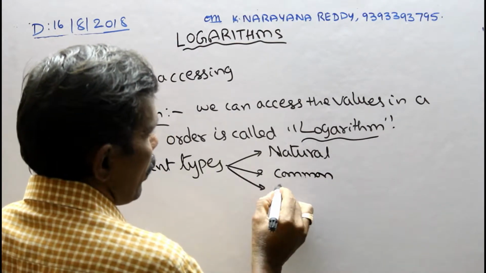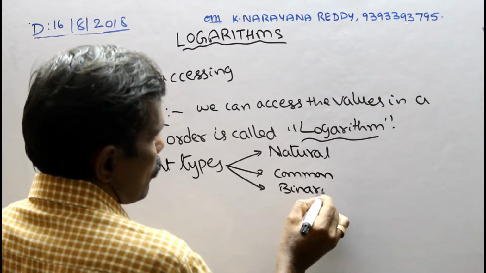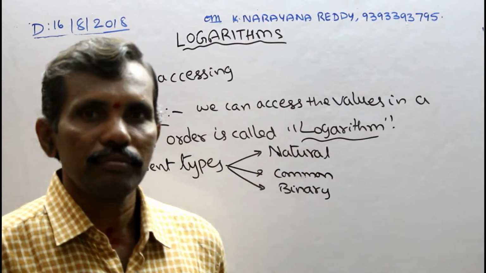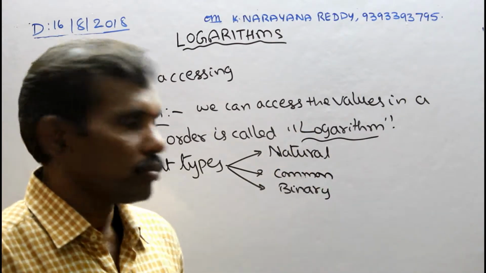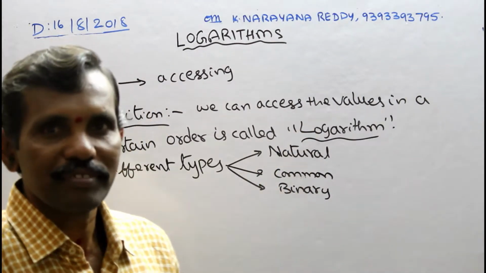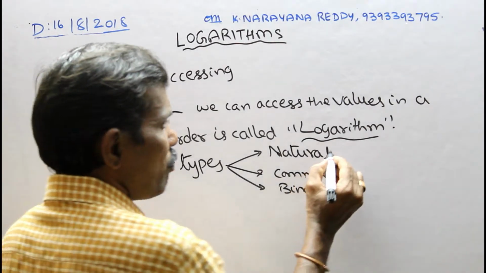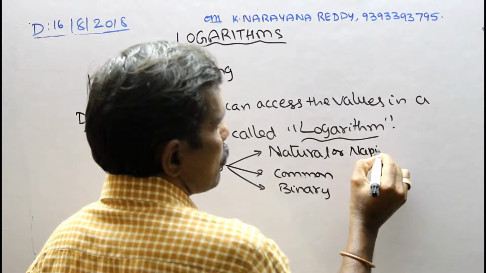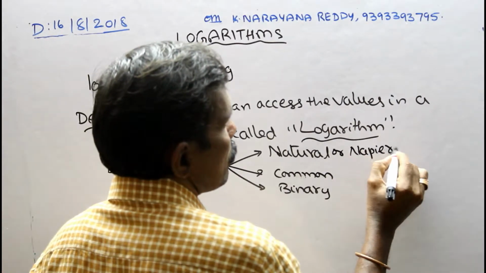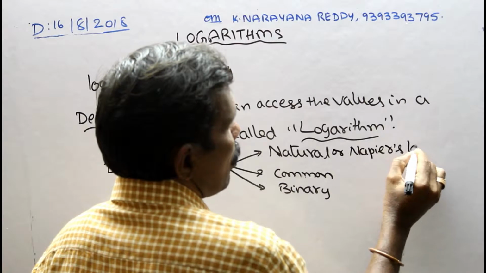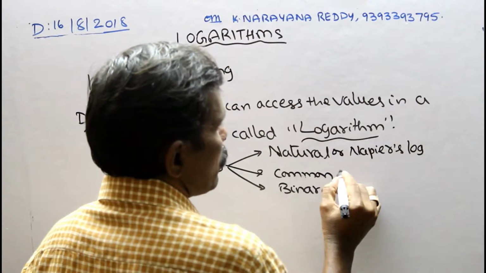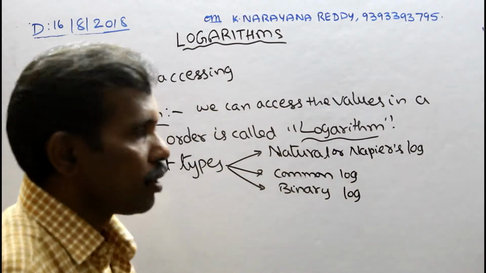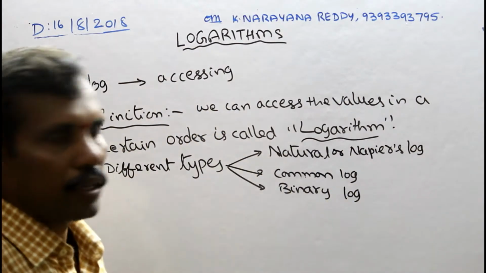Number 3, binary. What is meant by natural logarithm, common logarithm, and binary logarithm? The natural one is also called Napier's logarithm, then common log, then binary log. So these are 3 different types of logarithms.